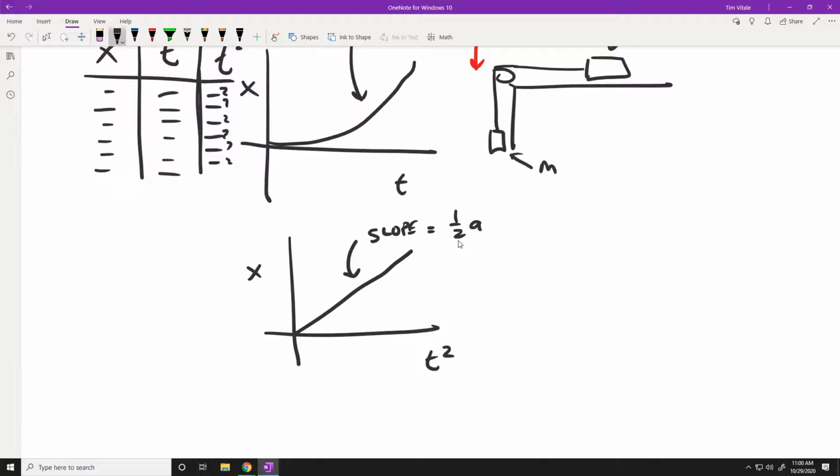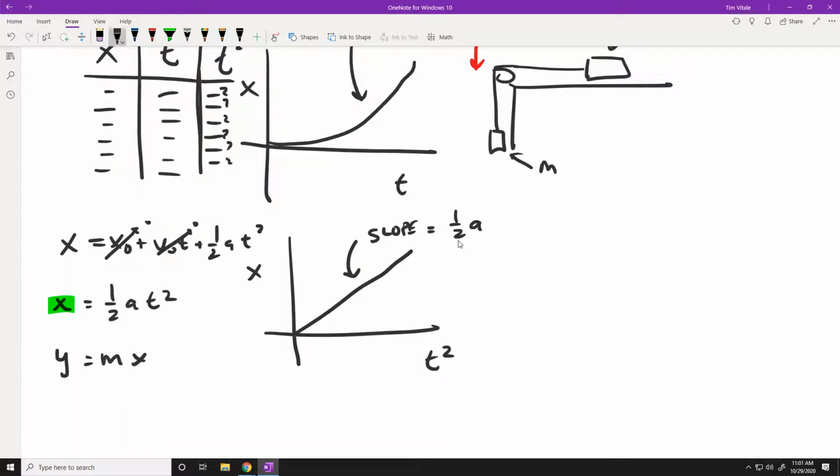The way that I know that is if I use the second kinematic equation, and if we're starting from rest, that's 0, and if we're starting at 0, that's 0. So then I have x is equal to 1/2 a t squared, where x is my y.